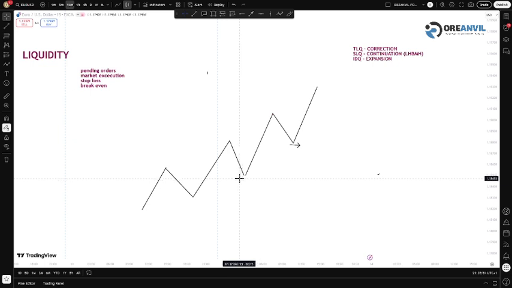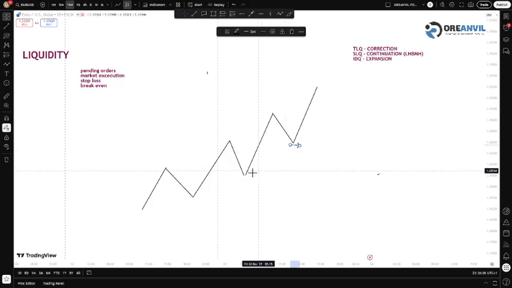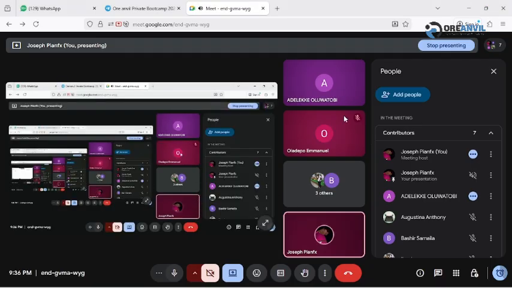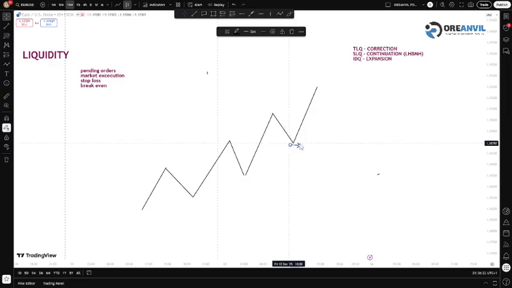The two levels to pay attention to are the inducement liquidity, which is sitting here, and the liquidity sitting here, which is our structural liquidity.